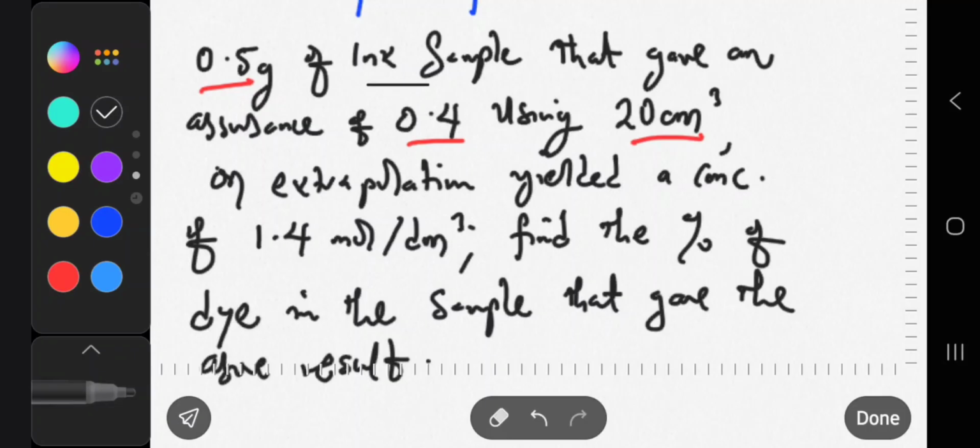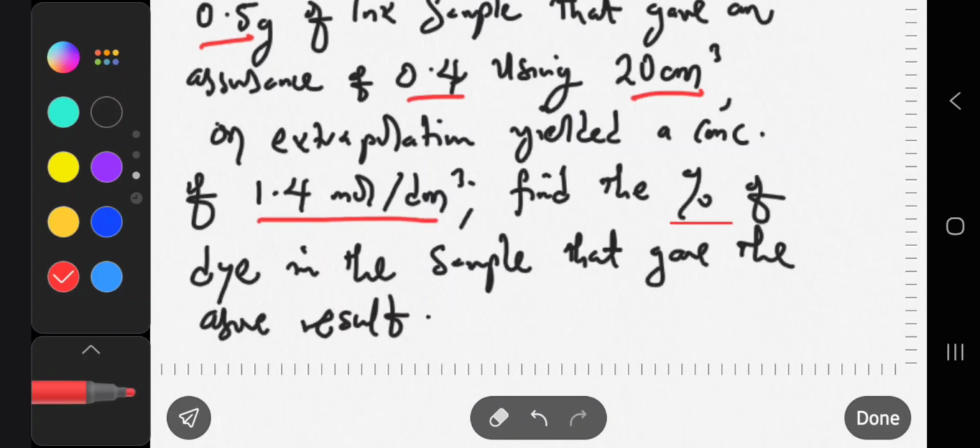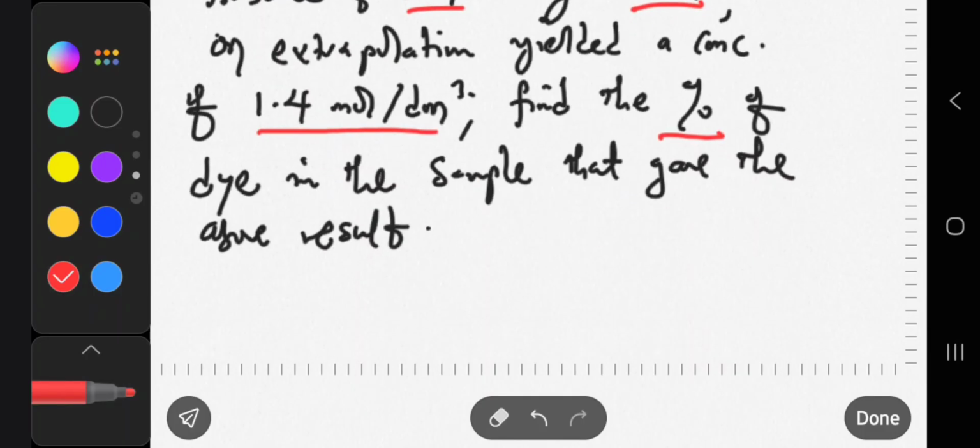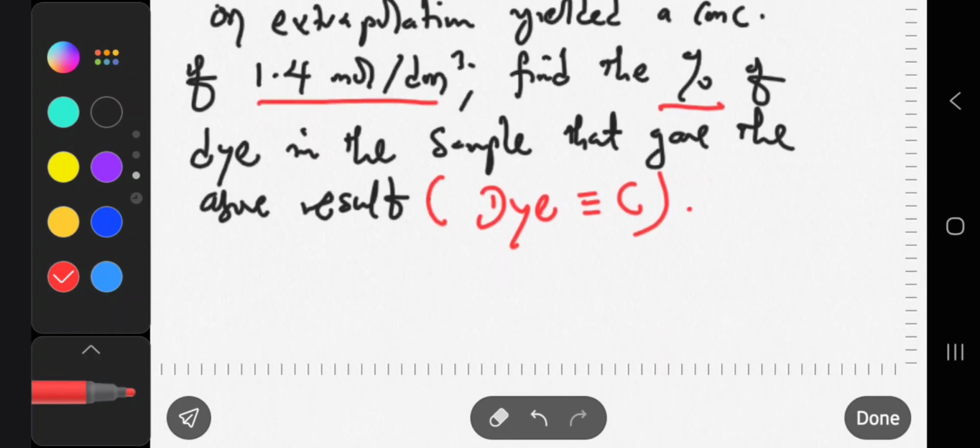Okay, let's say you have an ink sample, 0.5 gram, and the absorbance was run and it gave 0.4 absorbance using this volume. And on extrapolation, like I've said, a concentration of 1.4 was achieved, and then you're asked to find the percentage of dye in the sample. Now, dye typically contains carbon. It's a major element in dye.